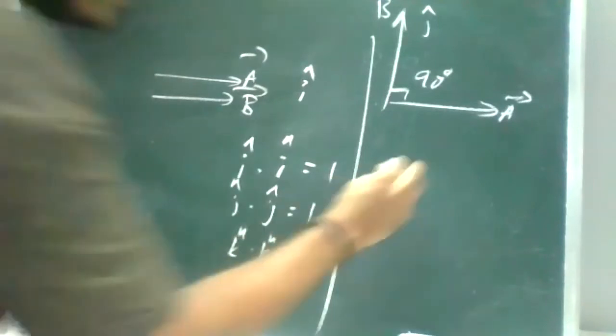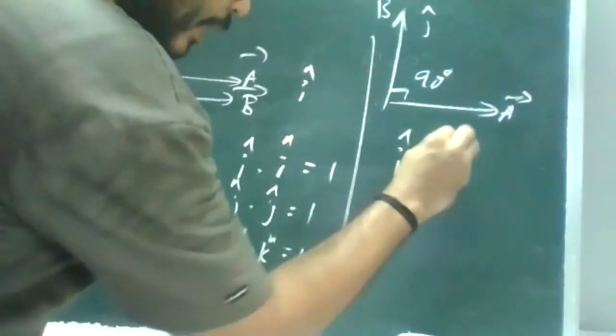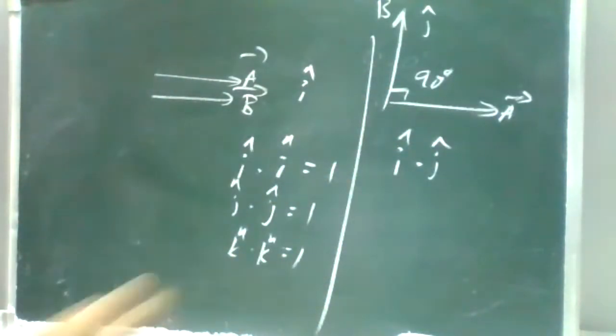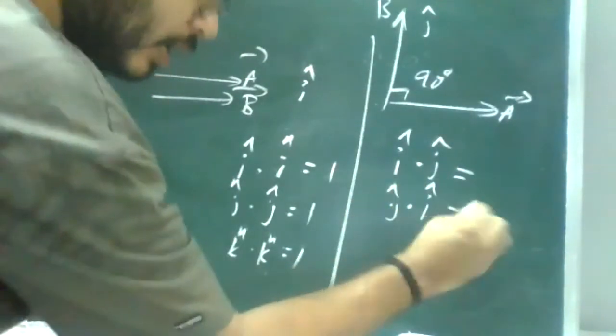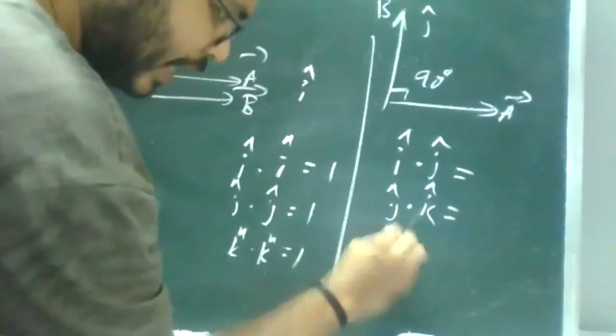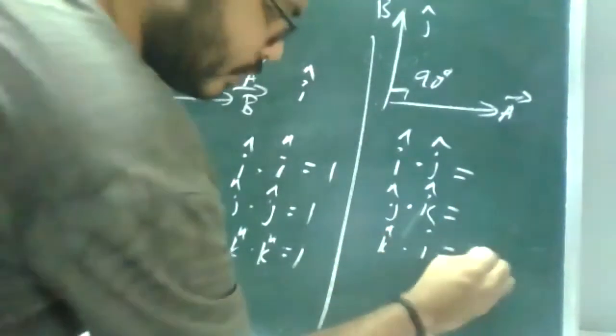So i cap dot j cap, j cap dot k cap, or k cap dot i cap is equal to 0. When you are multiplying different vectors, it will be 0. When you are multiplying same direction vectors, it will be 1.